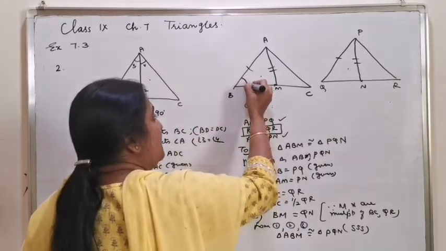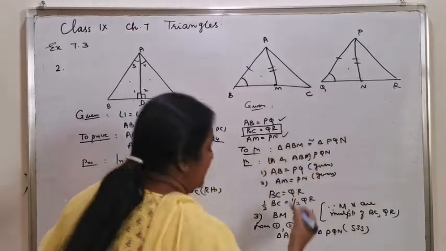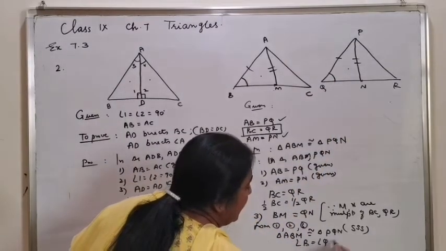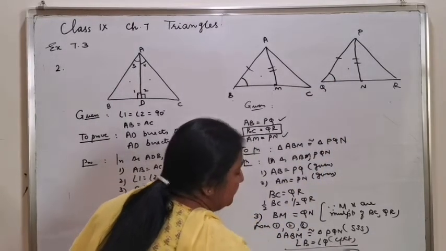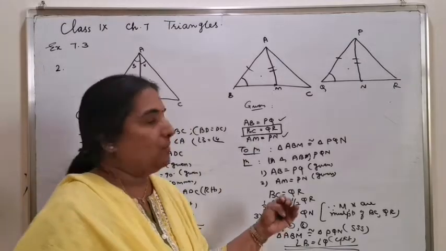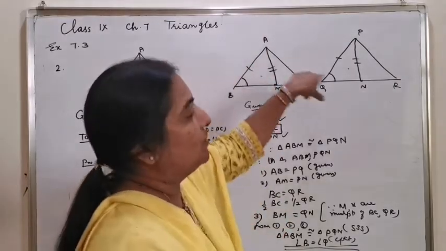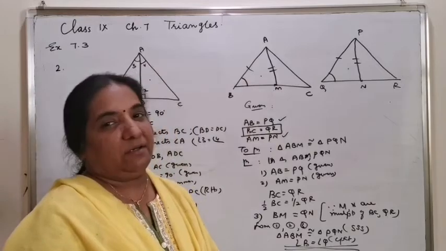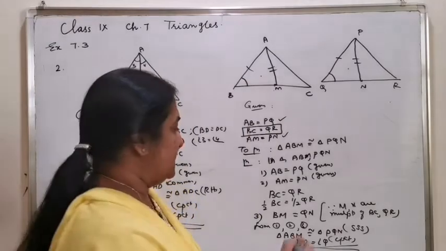Immediately angle B is equal to angle Q as CPCT. And now you have to prove triangle ABC congruent to triangle PQR. It's very clear by SAS.